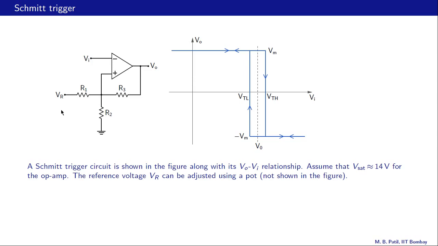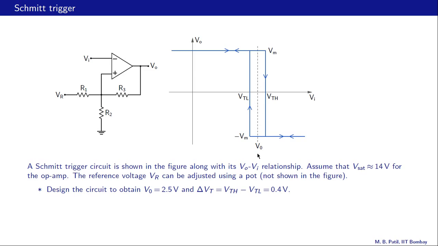Our task is first of all to understand how this circuit works, and then we want to design it to obtain V0 equal to 2.5 volts, where V0 is this voltage here at the center of this interval between VTL and VTH. So that is one design specification given to us. The other specification is delta VT, which is the difference between VTH and VTL.